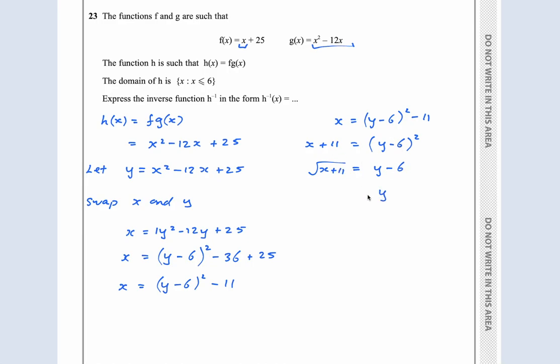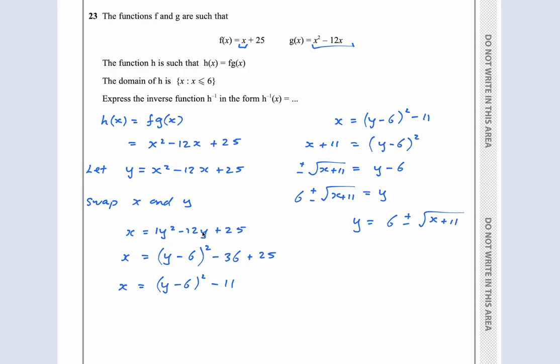And finally, I'm going to add the 6, so y is equal to 6 plus or minus, because this, guys, is plus or minus root x plus 11. Okay, so my y, let's just write it this way. Y is 6 plus or minus root x plus 11.